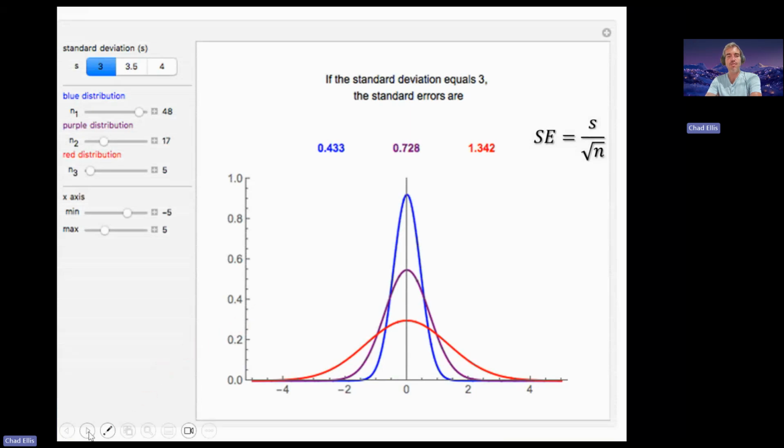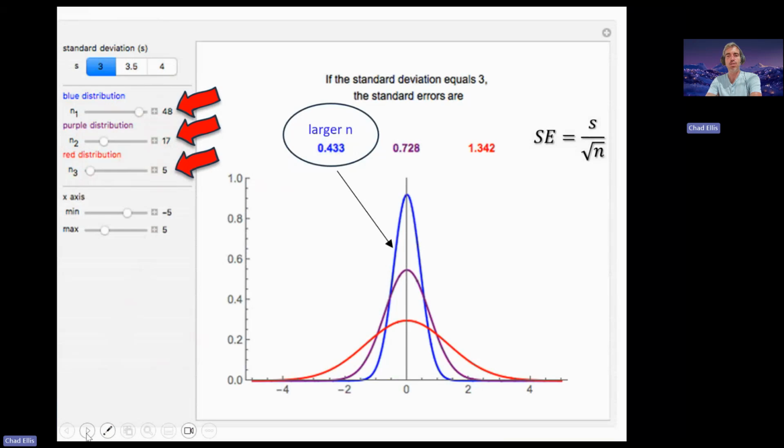So here now we have three different standard errors of the mean, all three with different sample sizes: the blue having the largest sample size, 48, the purple in the middle, 17, and then the red being the smallest sample size with 5.